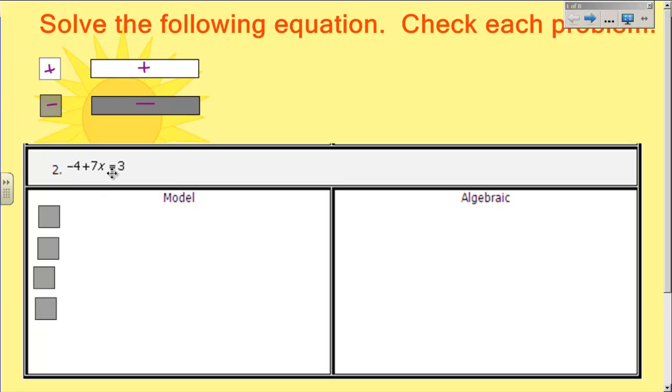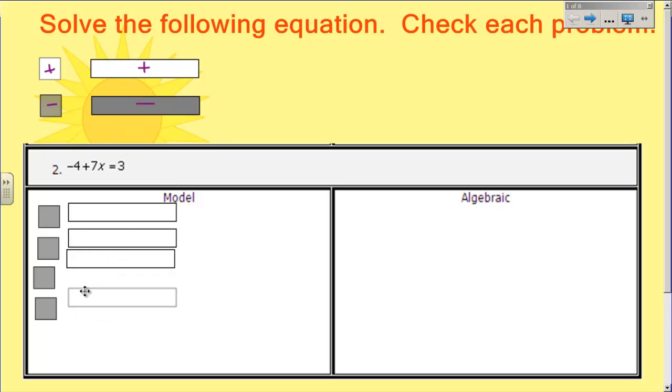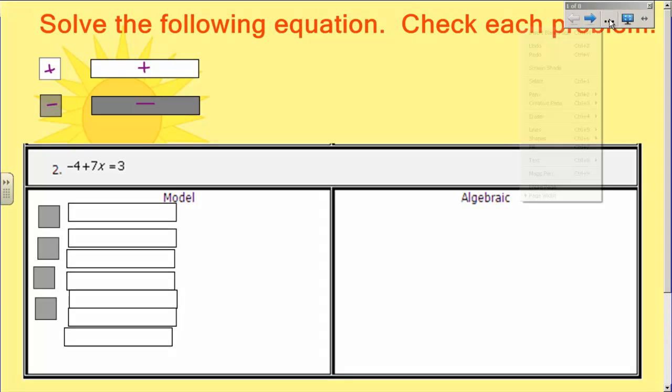Then I have to have my plus 7x. So I need 7 of these x's, and that's quite a few. But I'm going to have 7 x's. And that models the left-hand side of my equation.